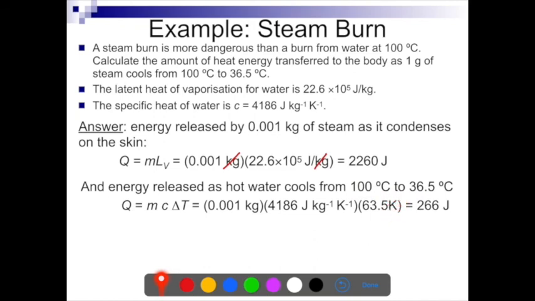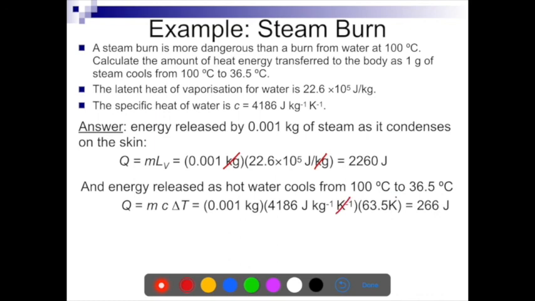Remember that when we're taking a temperature difference, you can subtract the temperatures in Celsius and just change the unit to Kelvin, and that should be the correct change in temperature. So 63.5 Kelvin, and we use Kelvin so that it's consistent with the unit of the specific heat capacity, which uses Kelvin to the -1.